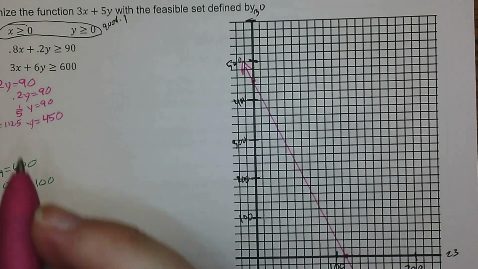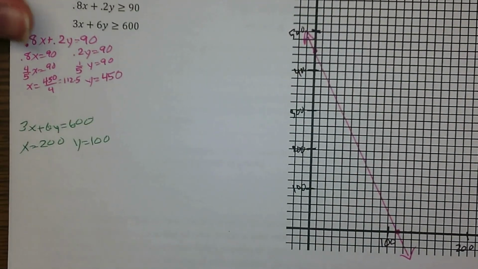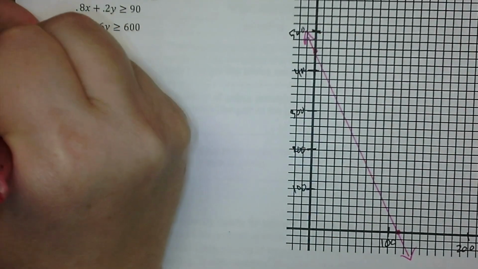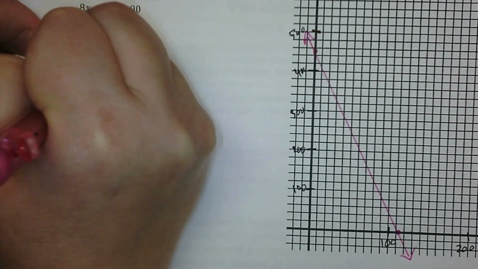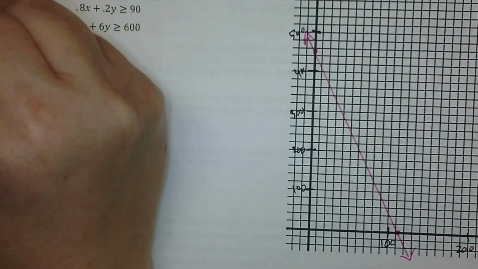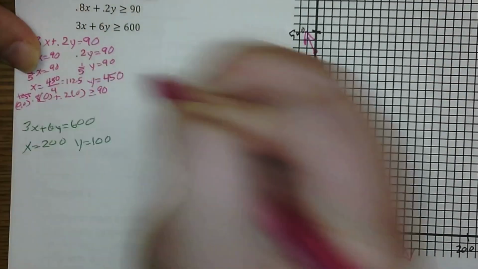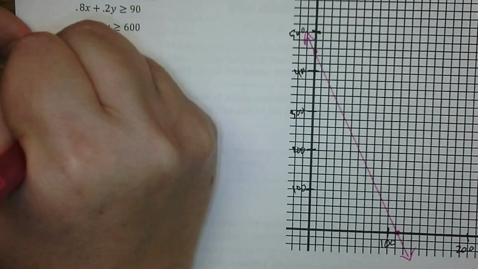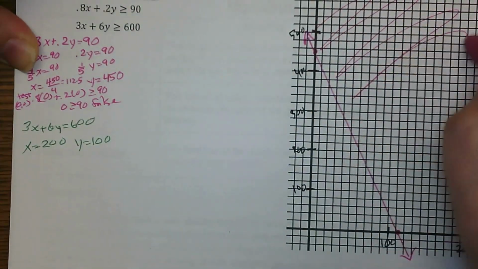And we're going to test 0, 0. 0.8 times 0 plus 0.2 times 0 is greater than or equal to 90. Test 0, 0. Forgot to write that down. We get 0 is greater than or equal to 90, which is false. So we are shading away from 0, 0.